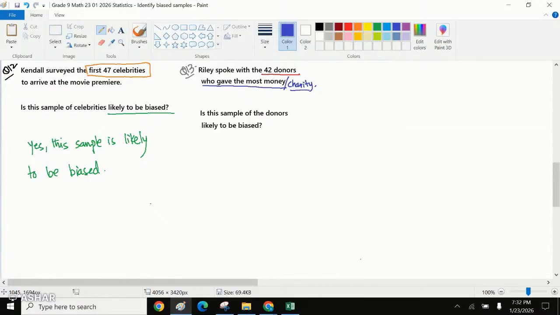Whenever a selection is being done based on a condition, it would always be biased, because he says I would only speak to the people who gave the maximum charity.